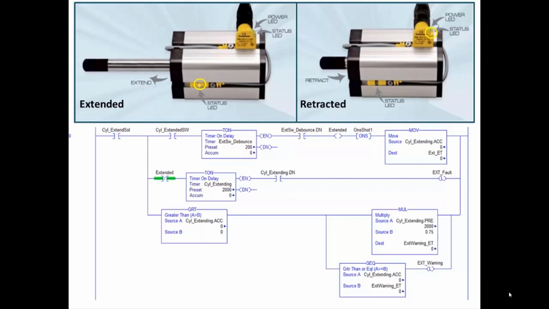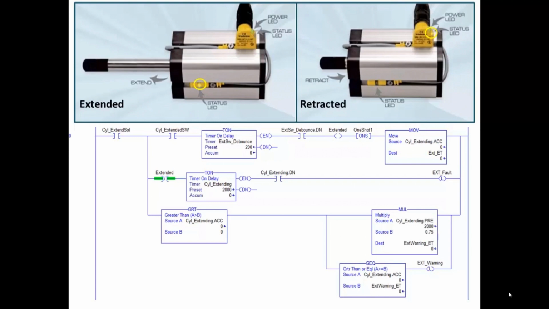If we are telling the cylinder to extend and we have reached the cylinder extend switch, then we start a timer that's set at 200, that'd be 0.2 of a second. And when that timer is done, we turn on a bit that says the cylinder is extended. By the way, the debounce is there if you have cushion, or even if you have some external hard stop that has a little bounce in it.